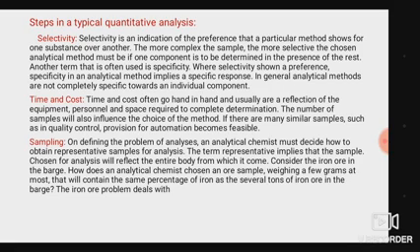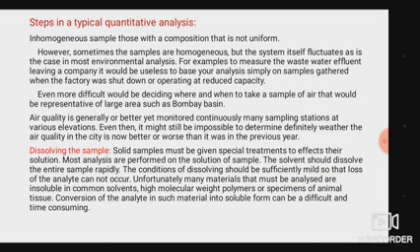So consider the iron ore in the barge. How does an analytical chemist choose an ore sample weighing a few grams at most that will contain the same percentage of iron as the several tons of iron ore in the barge? The iron ore problem deals with how homogeneous the sample is.